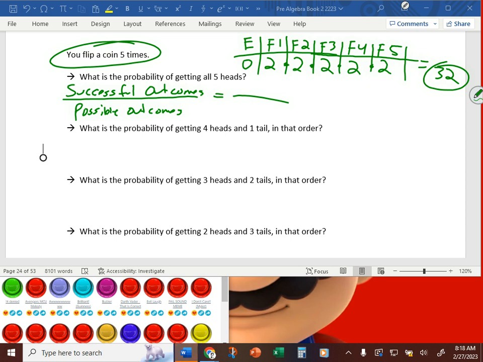So our denominator of this fraction is going to be 32. Now, how many of those outcomes would get you all 5 heads? Of those 32 outcomes, how many would be H, H, H, H, H?